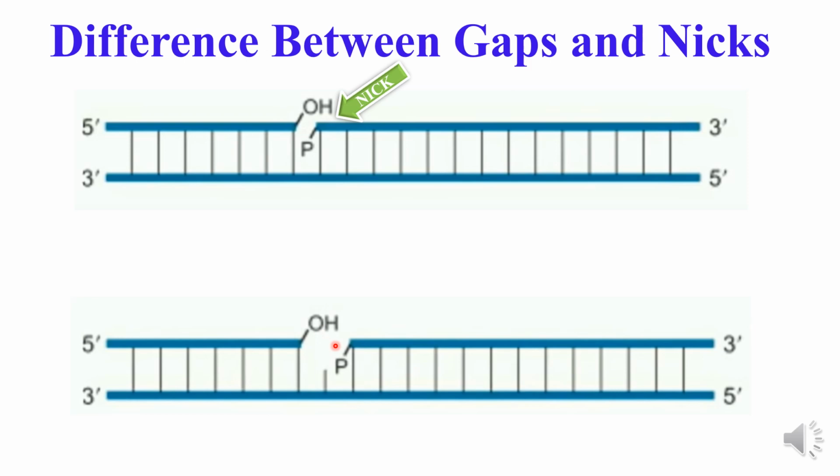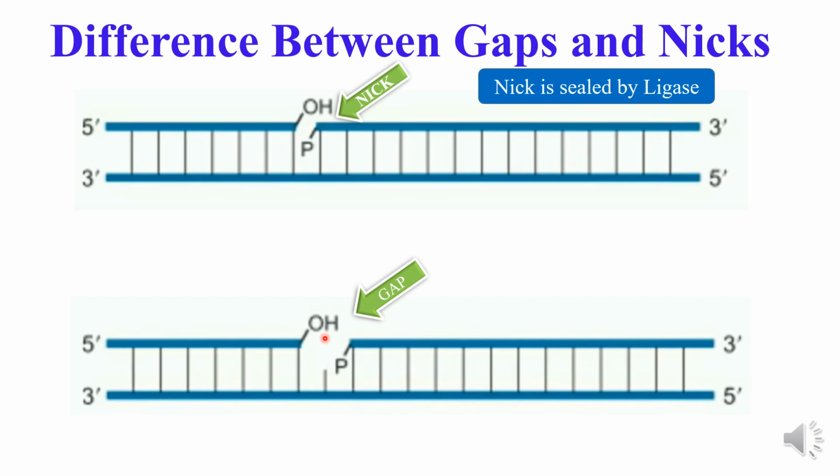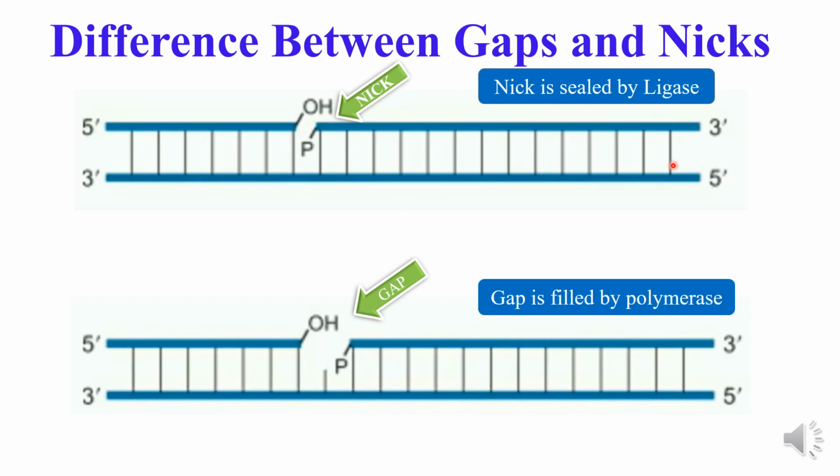So when the nucleotide is missing, it is known as a gap, and the nicks are sealed by ligases, whereas the gaps are filled by polymerase enzyme. So this is the difference between gaps and nicks. For the ligase activity, ATP is required.